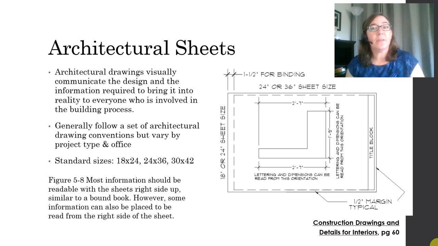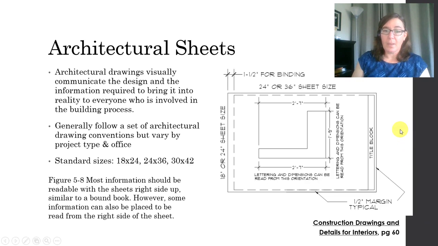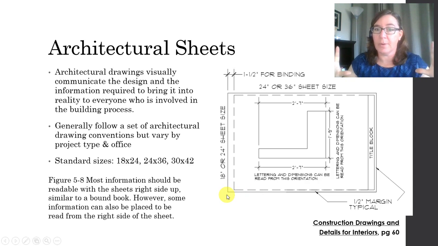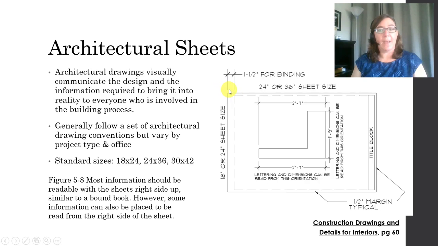But let's take a look at a very standard architectural sheet here on the right. You can see that it's typically a rectangle in landscape orientation. You have a larger kind of white space over here on the left because they're typically bound in sets on the left.